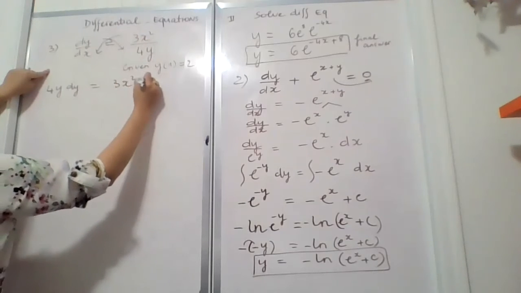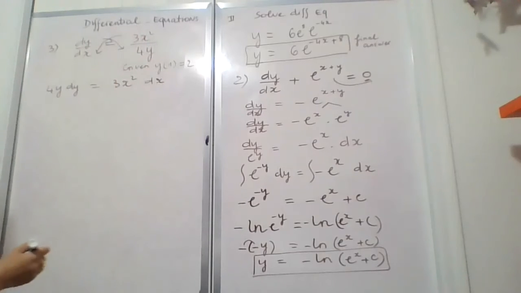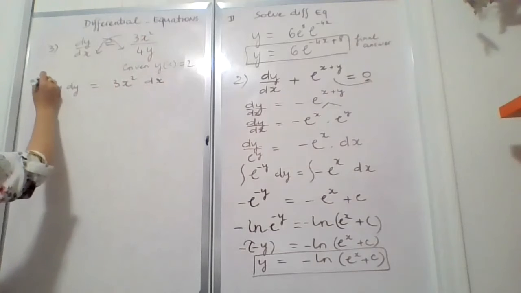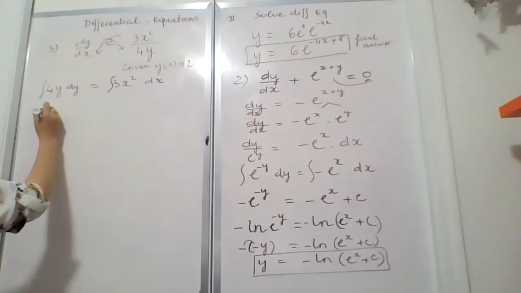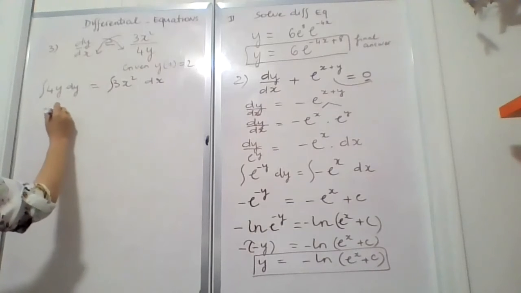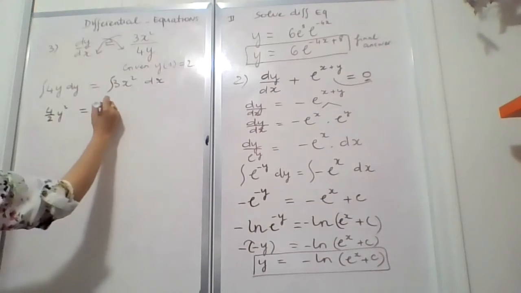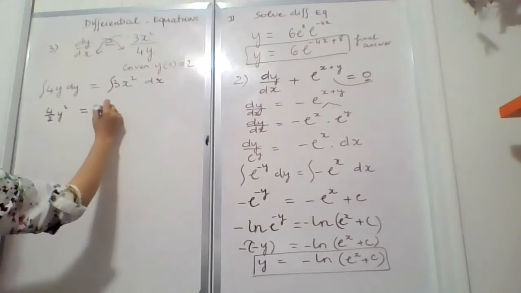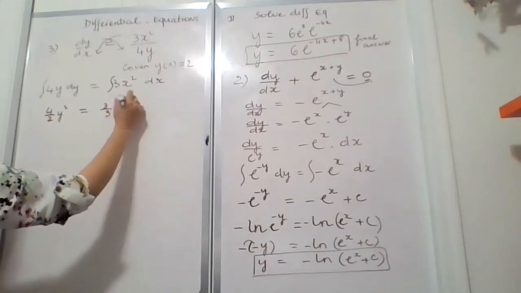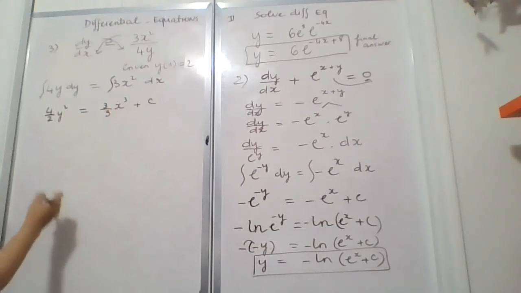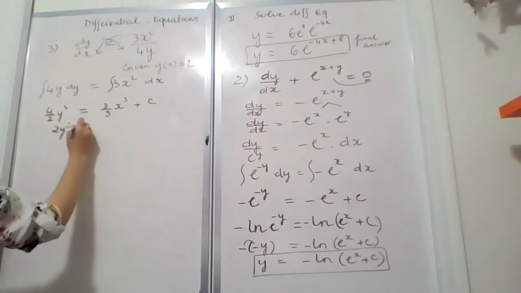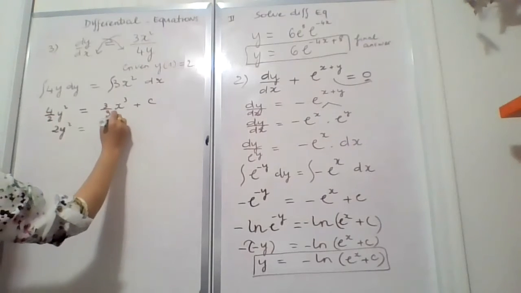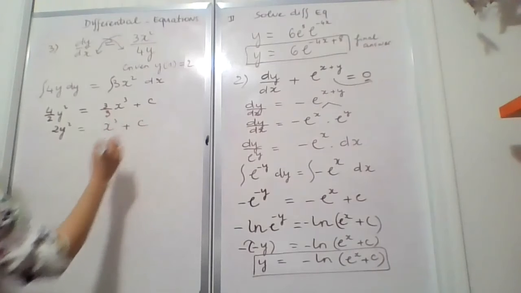Cross multiply. At this point, we're going to integrate both sides. So this will become 4 divided by 2 y squared equal 3 divided by 3 x to the power 3 plus c. So 4 divided by 2 is 2y squared equal x to the power 3 plus c.